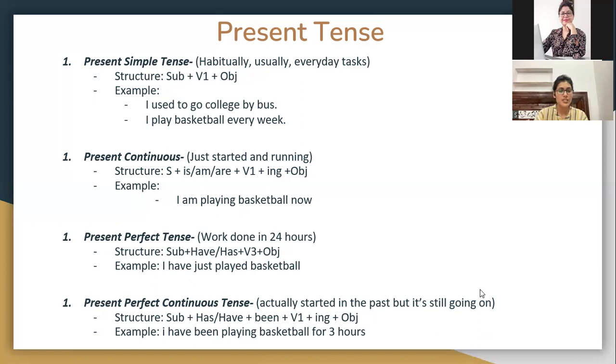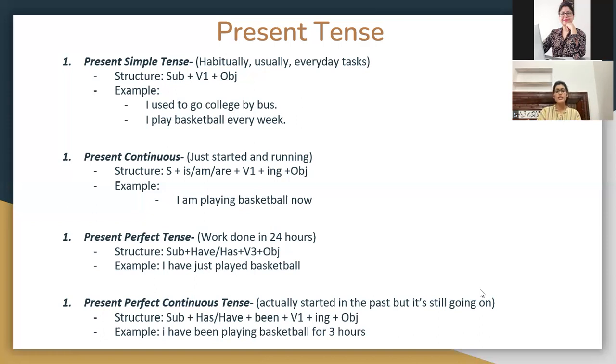So the structure is subject plus has or have plus been plus first form of main verb plus ing plus object. Like the example, I have been playing basketball for 3 hours.